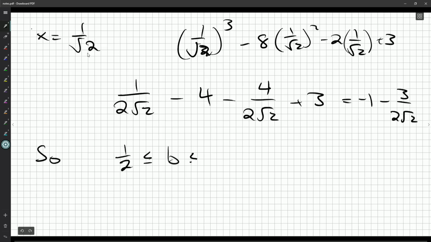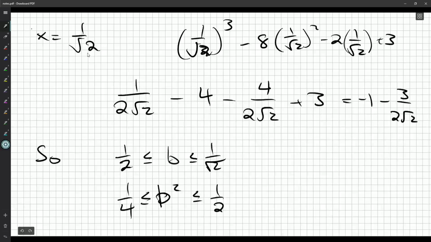So now I know B is somewhere in between a half and 1 over root 2, and that means B squared is in this range. And that, incidentally, just keeping track of what we've got so far, B squared plus C squared.